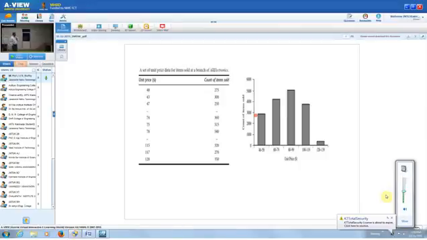And for 60 to 79, 4,000 plus items are sold. Between 80 and 99, around 5,000 items were sold. This is your histogram. So what does this imply basically? What kind of inferences can you draw from this?